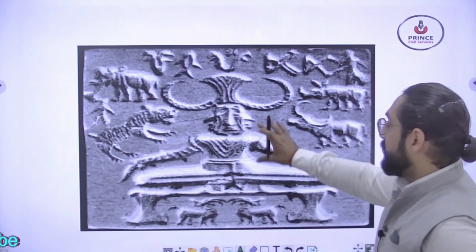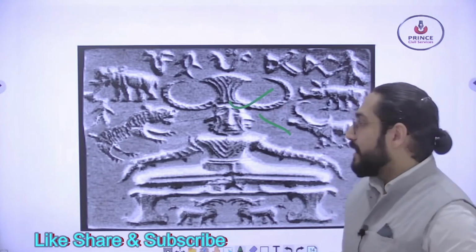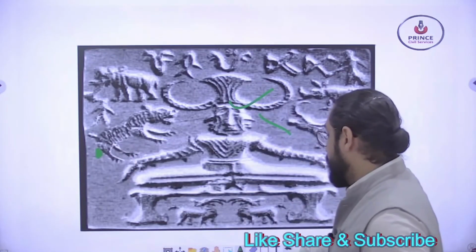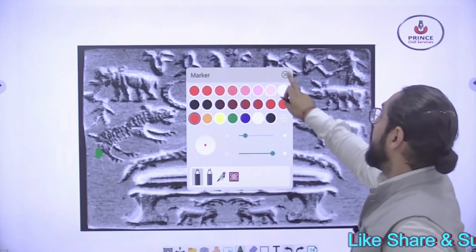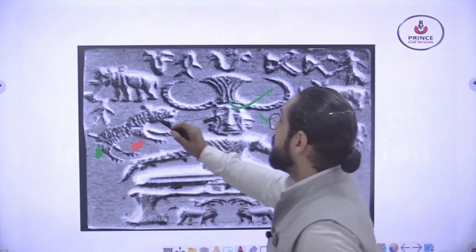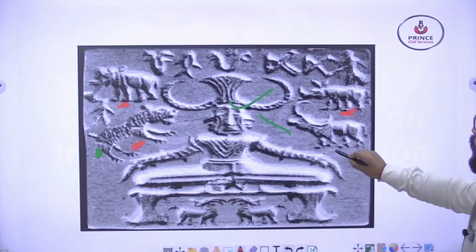So this is the famous Pashupati Mahadev seal. You can see this is the male deity, and you can see these are the animals. This is tiger, this is your elephant, this is your rhinoceros, and this is your buffalo.